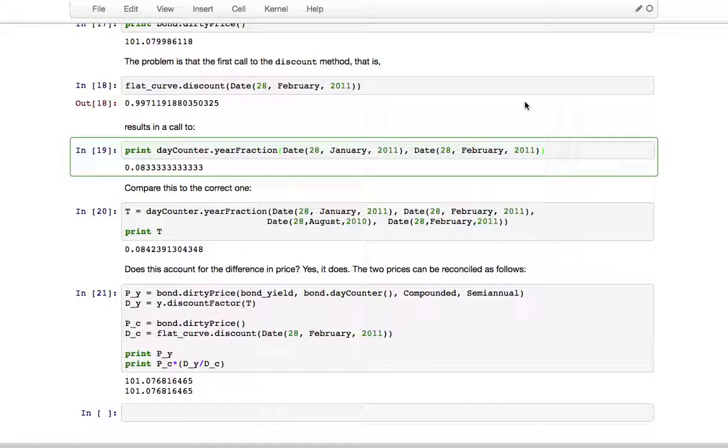So it might be either way. This functionality might go in the next release or the one after that. In the meantime, as I said, no real solution except don't use the curve-based calculation; use the yield-based calculation if you want to calculate based on the yield.